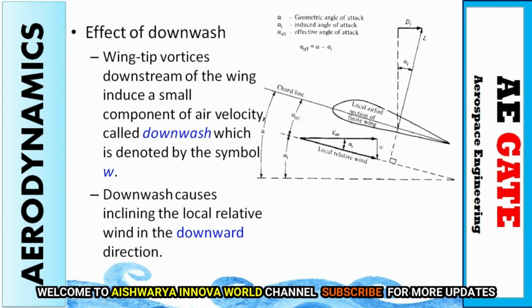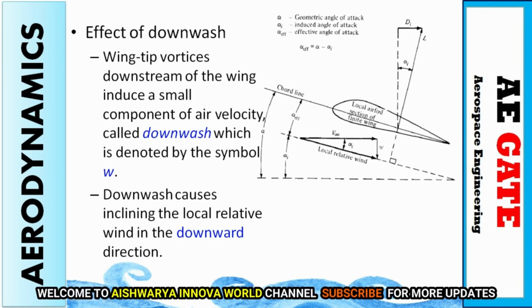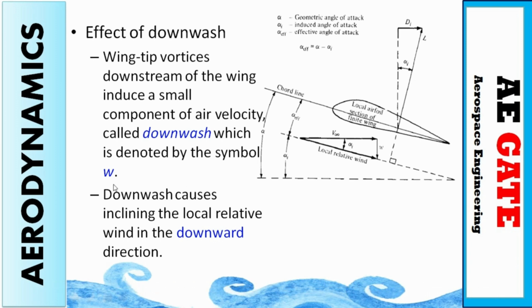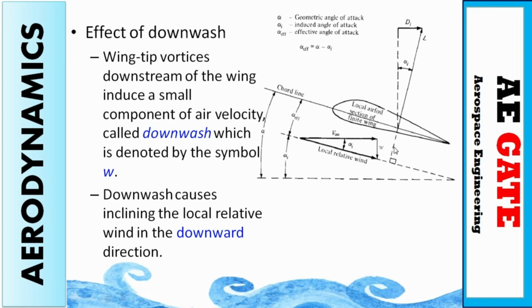The wing tip vortices downstream of the wing cause a small induced component of air velocity, which is called downwash, indicated by the symbol small w. So this is an airfoil, along the chord from leading edge to trailing edge.